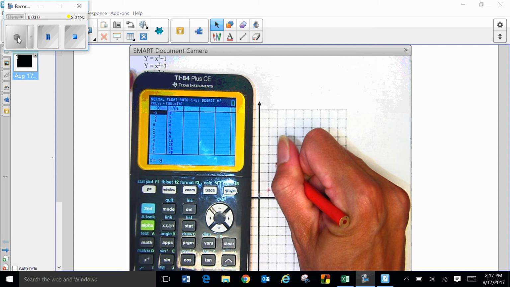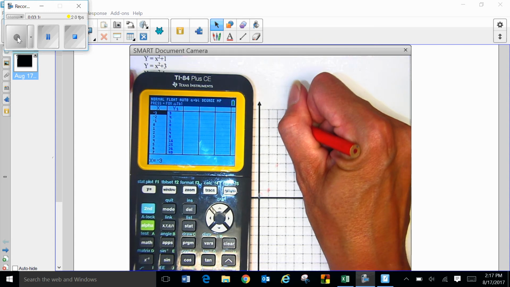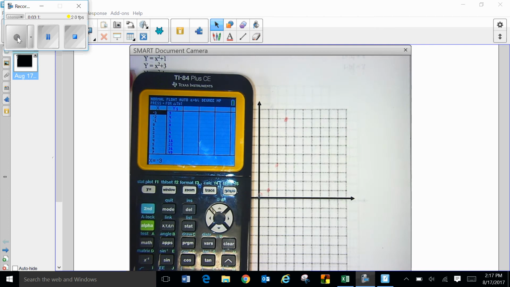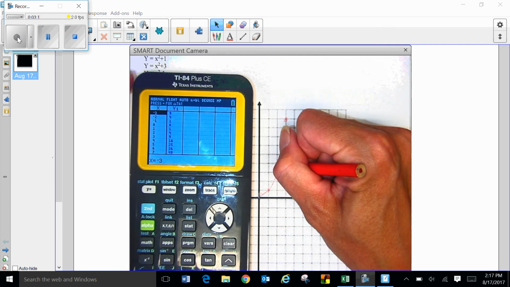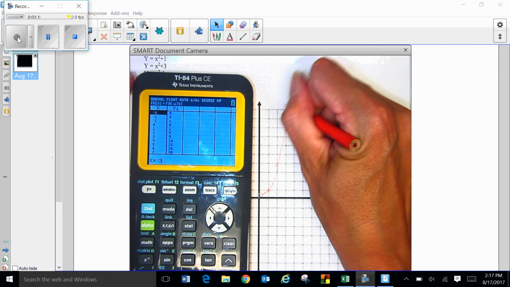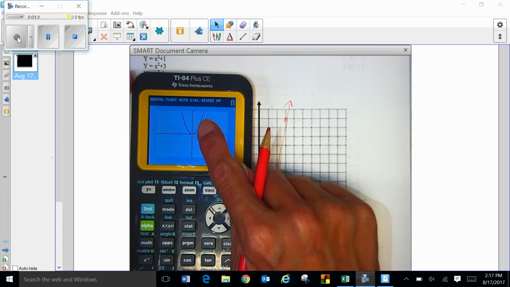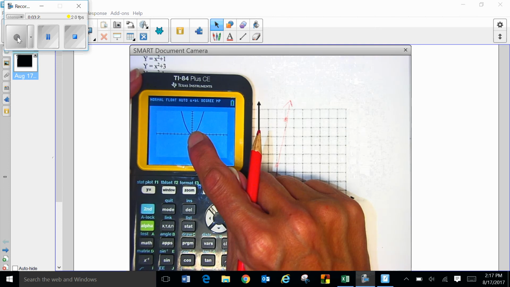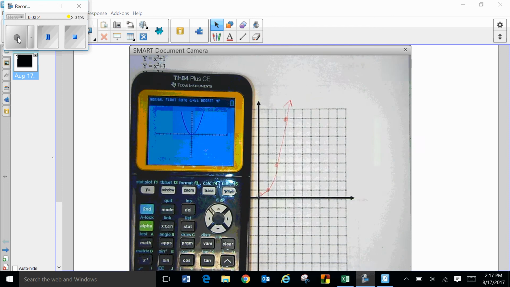But if you notice, all my points, even if I connect them with a nice smooth curve, are over here in the first quadrant. But when I looked at it on the graph, I had points in the first quadrant and points back here in the second quadrant. So if those points exist, I need to make sure I get those points on my graph as well. So back to my table, and I need to get some of the points that are in the negatives.